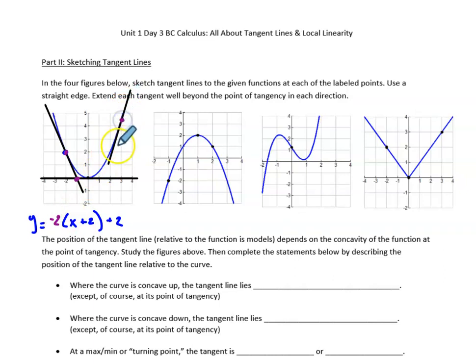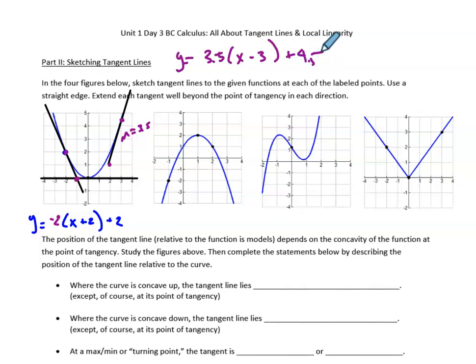You could choose this point and then maybe the point 2, 1 and get a slope that looks like a rise of 3.5 and a run to the right of 1. So my slope here would be approximately 3.5, which would enable me to write a tangent line equation of y equals 3.5 times x minus the x value of the point of tangency plus the y value of the point of tangency.